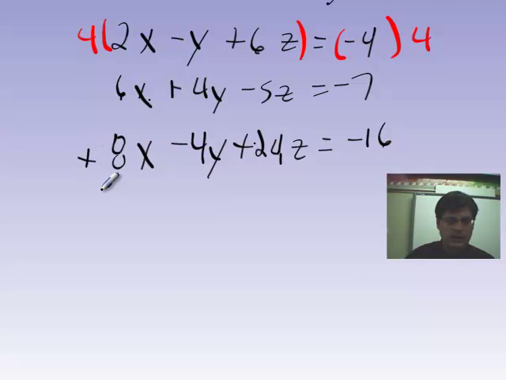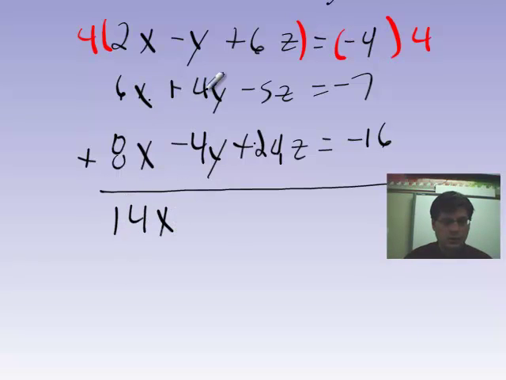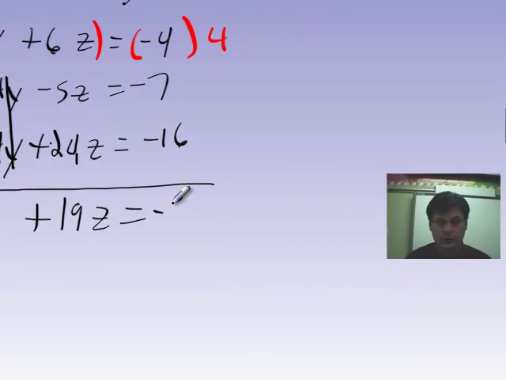So I'm going to add these together. And let's see, we'll be given 14x. The y's cancel. And we'll get, let's see, that's going to be 19z. So plus 19z equals negative 23.